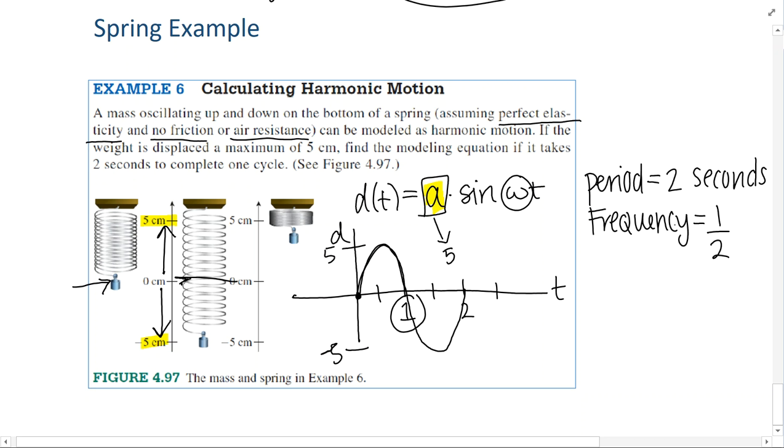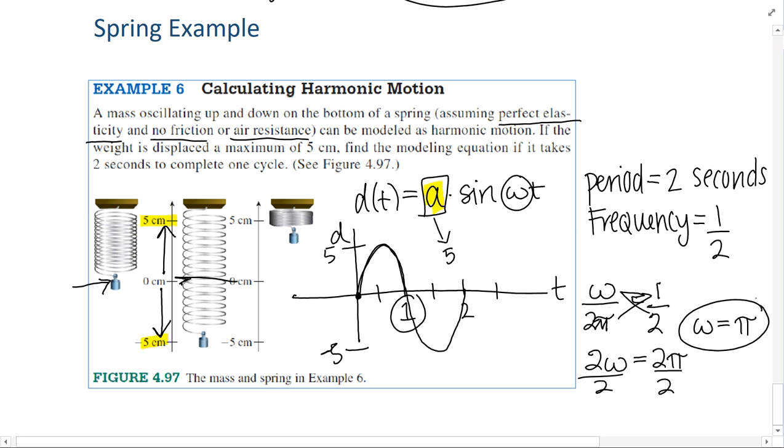Then we can use that equation, omega over 2 pi is equal to the frequency of 1/2. Cross multiply: 2 omega equals 2 pi, divide by 2, omega equals pi.